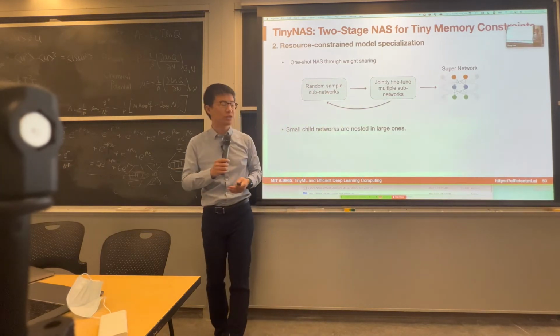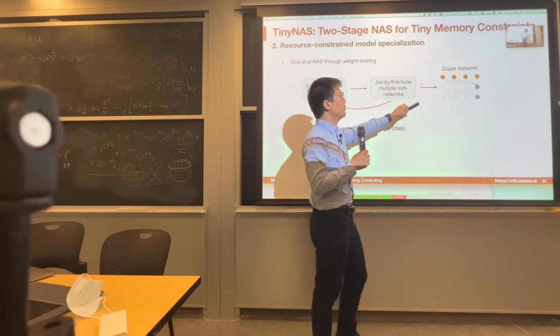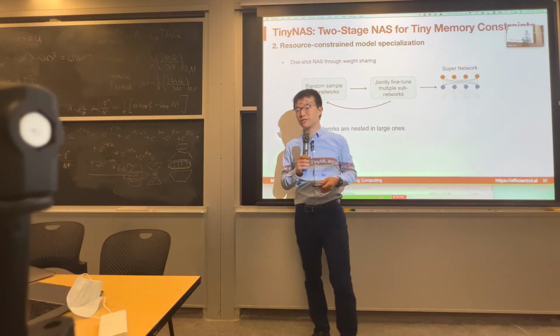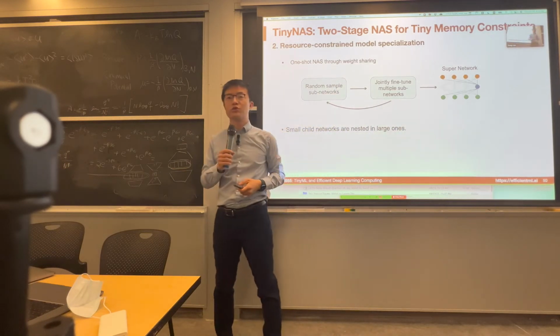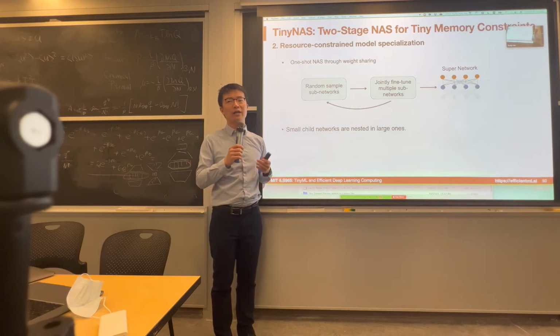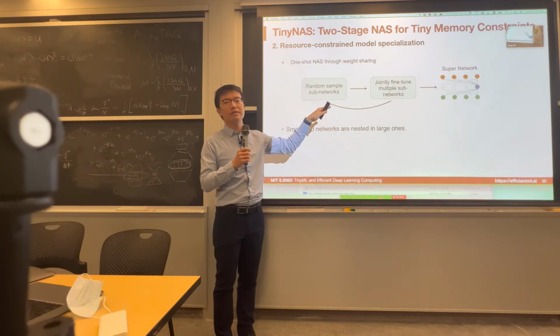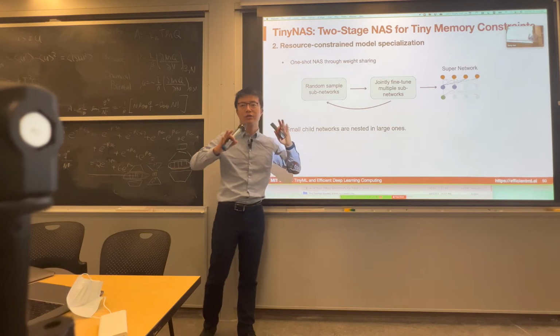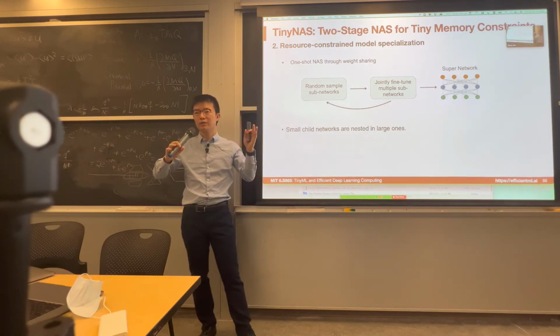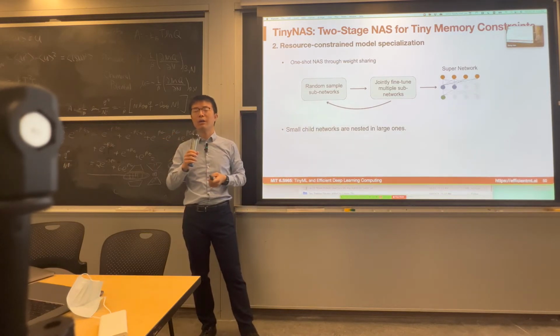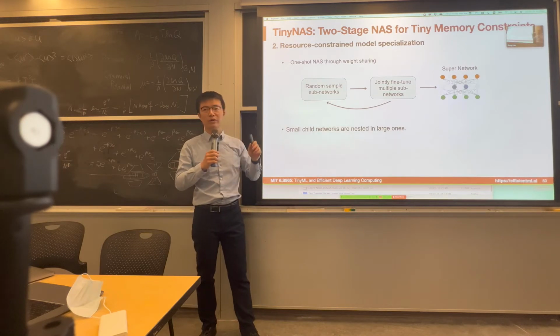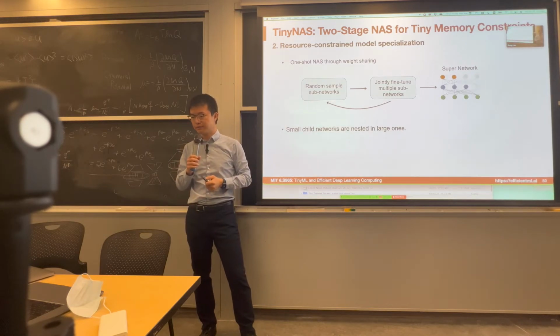They share the weights with each other, and those smaller child networks are nested in larger ones. So we just need to keep one largest copy, and then we can have multiple smaller copies to fit different microcontroller constraints.